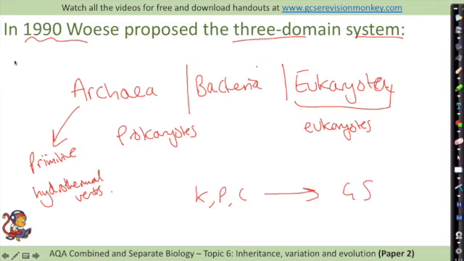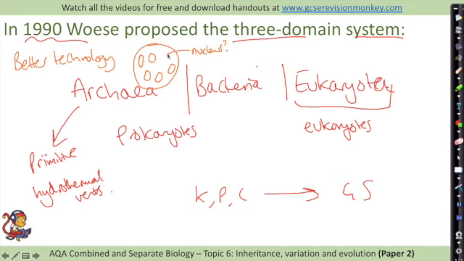Now, the reason this three-domain system was proposed was because there was better technology, much improved microscopes. They could start looking inside cells, comparing the organisms at a cellular level. Did they have a nucleus in them? Did they have mitochondria, for example?